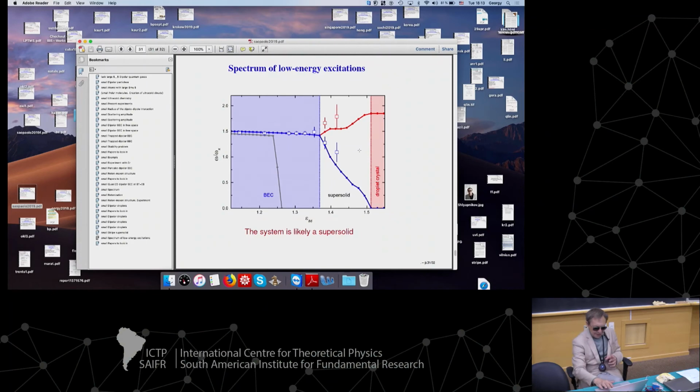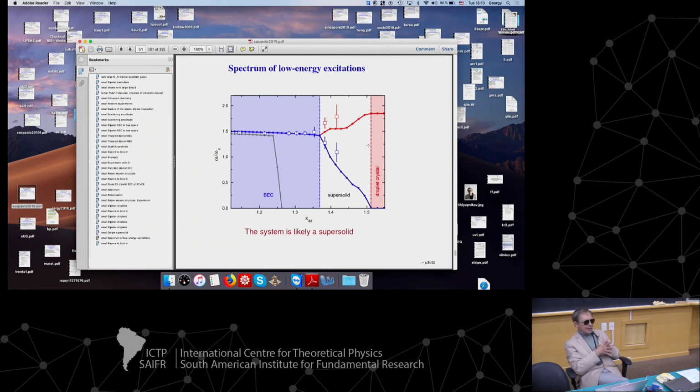So, for example, here you see there is another line here when this branch vanishes. What this means is that when the dipole-dipole interaction becomes very strong, bam, this lower branch disappears, and you get an incoherent array of droplets, just solid state, I would call it.